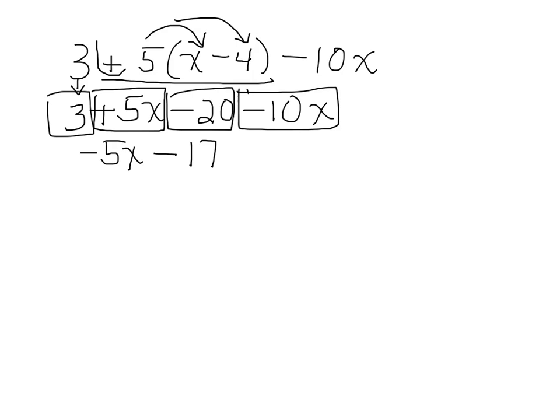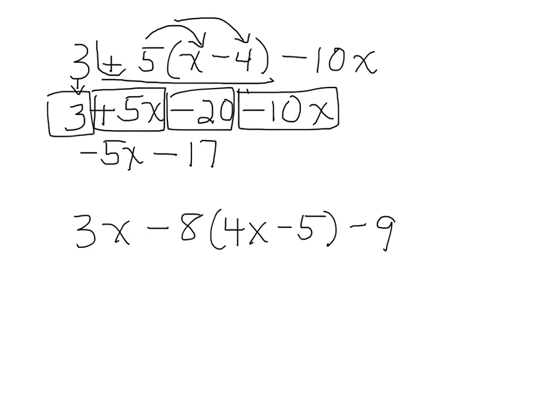Let's say 3x minus 8 times 4x minus 5 minus 9. Okay, so 3x is not involved, it comes down. Negative 9 is not involved. Now notice, the sign in front of 8 is negative. That means I am distributing negative 8 over these two numbers.